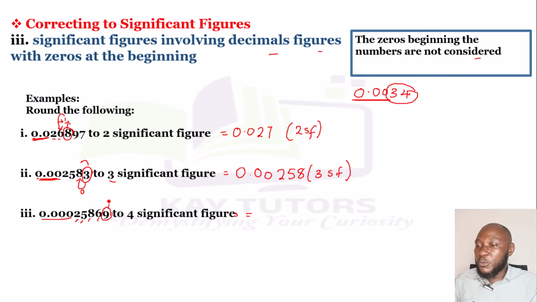You round up, and you add your 1 to the next number, 8. So what will my answer be? Don't forget to include your zeros beginning the number. So we have 3 zeros there: 2, 5, 8, and 7. How many significant figures do I have there? I have 4 significant figures.